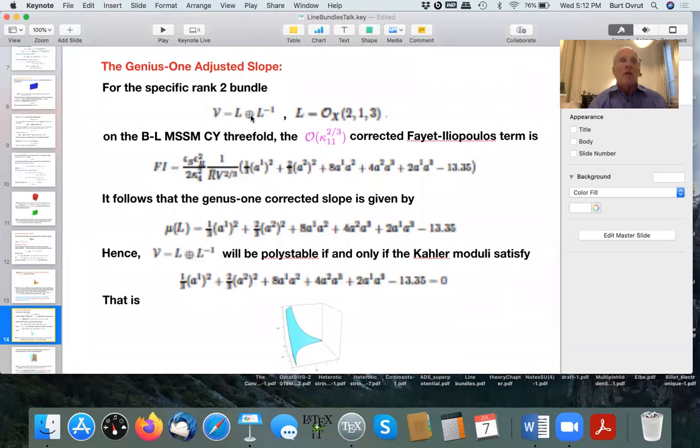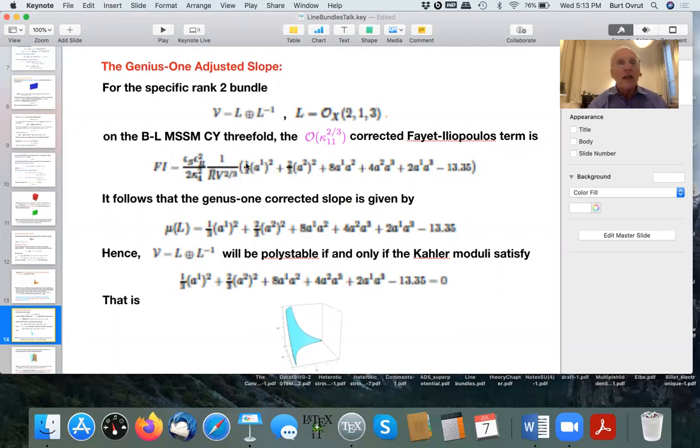So here's our hidden sector bundle, and that's what the L is that we've chosen. We're interested in preserving supersymmetry, so we look at the Fayet-Iliopoulos term of the D-term associated with the SU(2), because this bundle has an SU(2) structure group. That term can be worked out and is given by this.